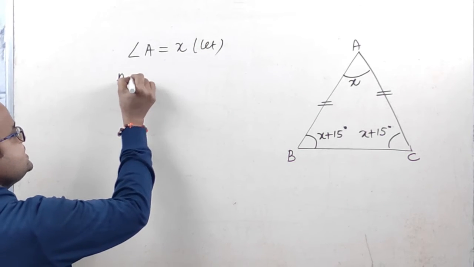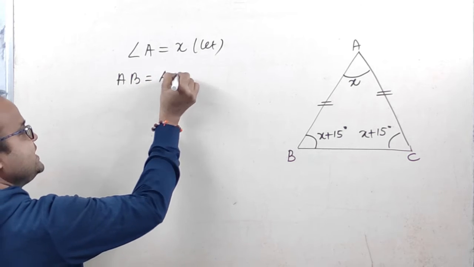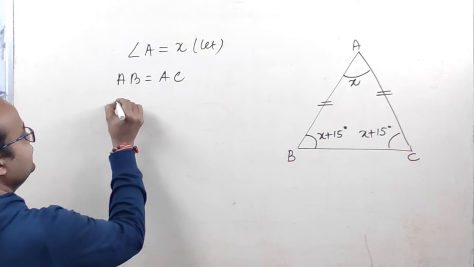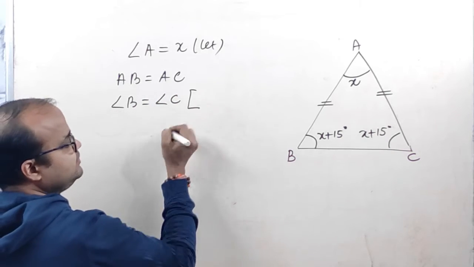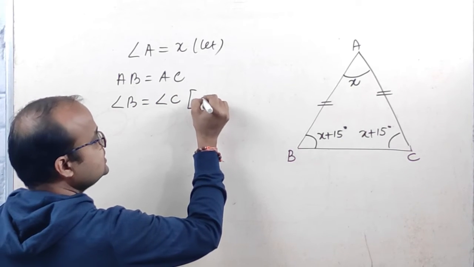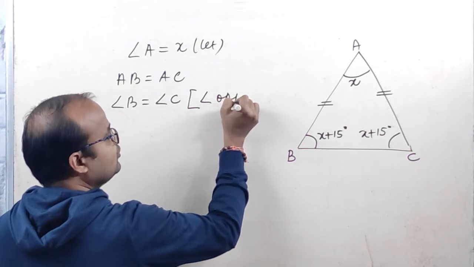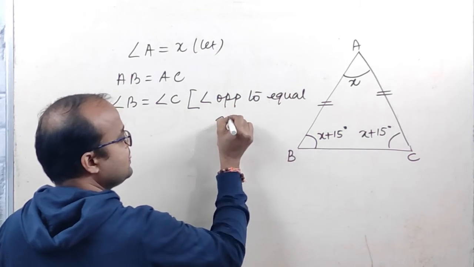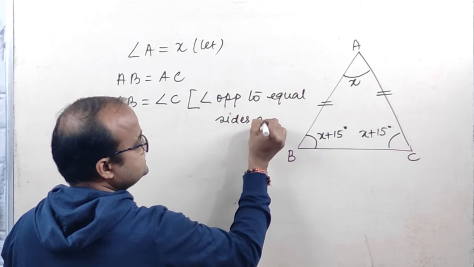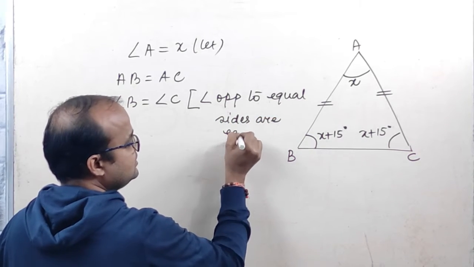Now since AB equals to AC, therefore angle B equals to angle C, and we cite the reason as angles opposite to equal sides are equal.